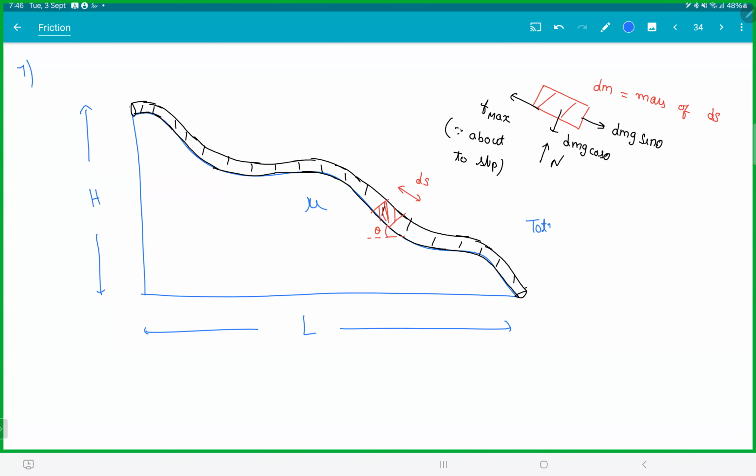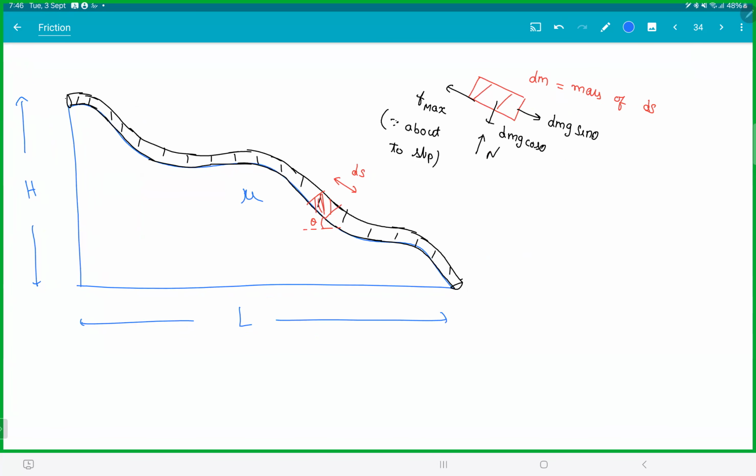So total frictional force on the rope must be equal to the total component of weight along the string. So all these mg sine theta components must be equal to all the friction components.